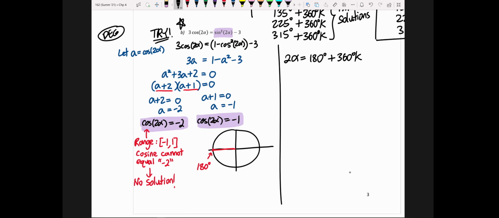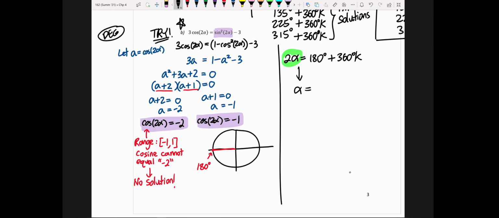Okay, so we've taken care of our 3-step process to solve for the input. Then if your input isn't the variable that we're solving for, we have an added step 4, which is to isolate our variable alpha. So to isolate alpha, we need to divide both sides by 2.